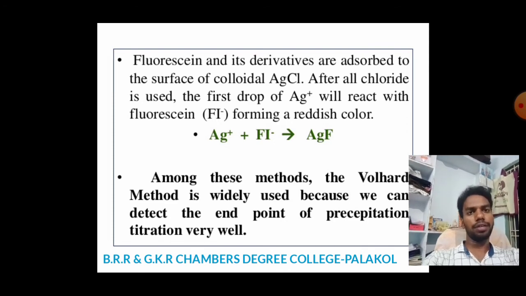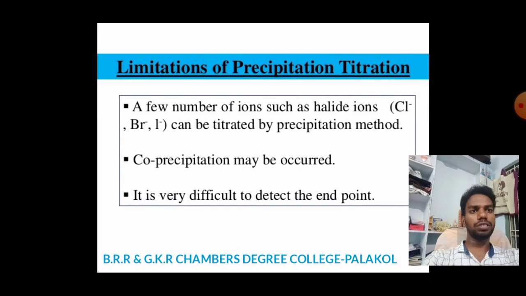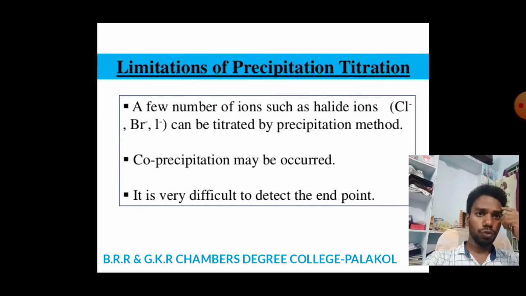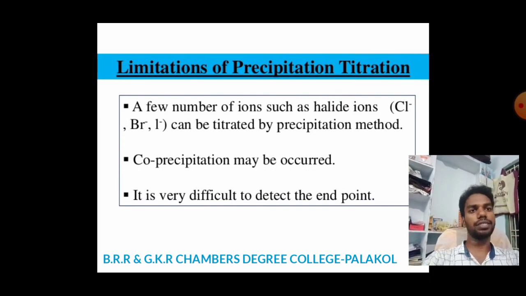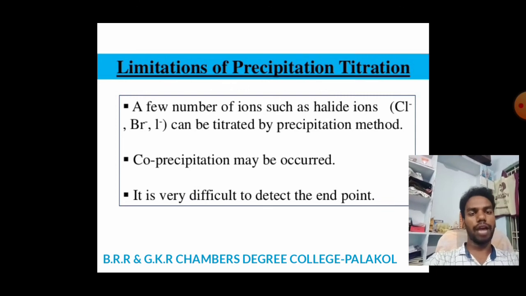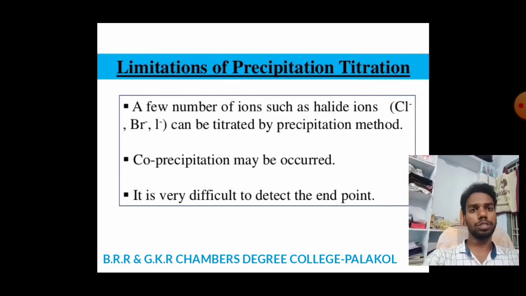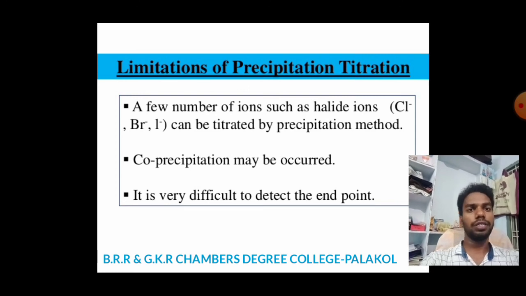Okay. So some limitations of precipitation titrations: only a few ions, such as the halide ions chloride, bromide and iodide, can be titrated by the precipitation method. Co-precipitation may occur, so we have to minimize it. I will explain co-precipitation and post-precipitation in the next session on gravimetric analysis.